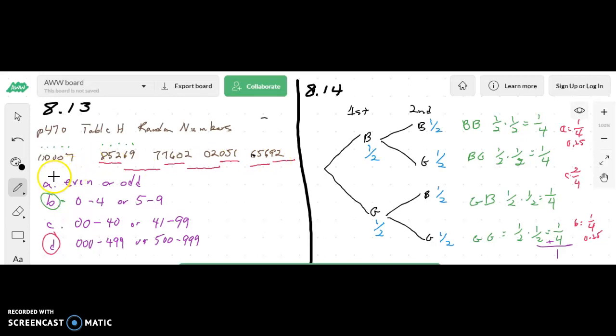And the question is, for example, if we wanted to assign subjects to group A if the random number is even and group B if the random number is odd. This is supposing that we have two groups, group A and group B, and we want subjects to be randomly assigned into those groups.